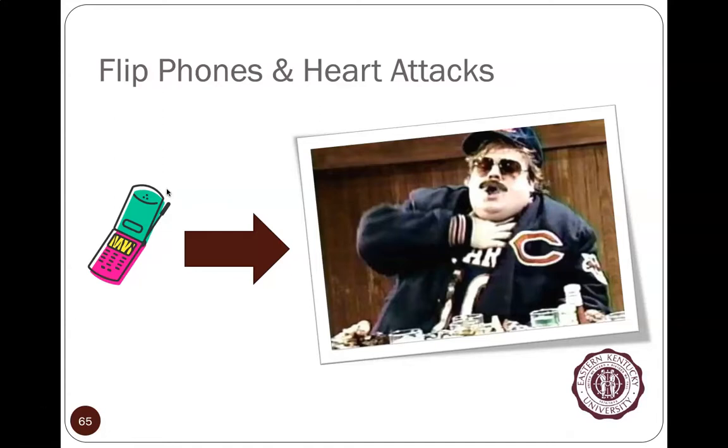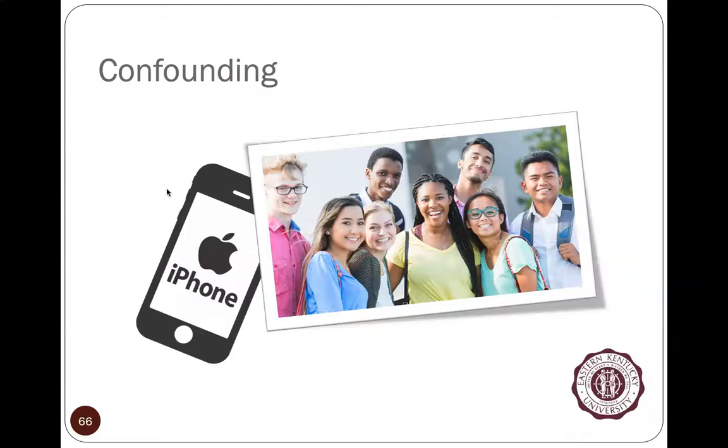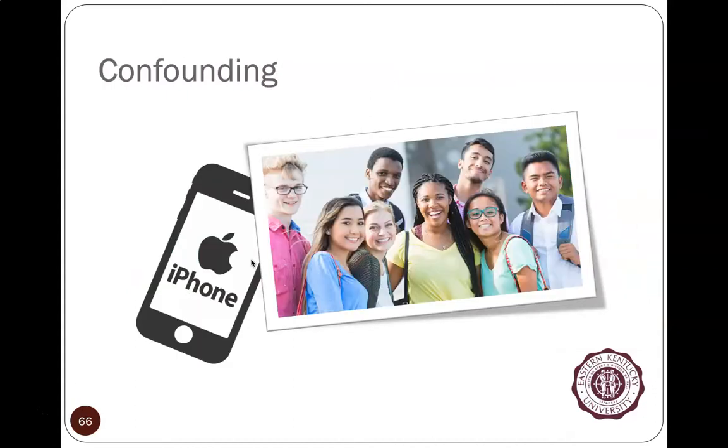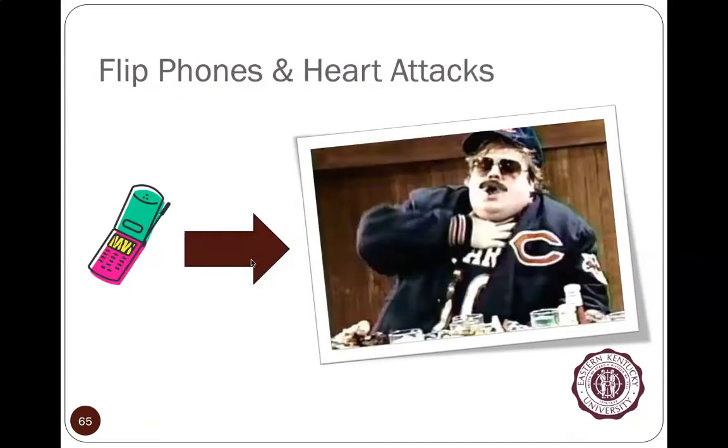The confounding variable here is age. Younger people in general are more likely to have iPhones or some other type of smartphone, a Samsung smartphone, rather than a flip phone or any type of flip phone. So this relationship is confounded.